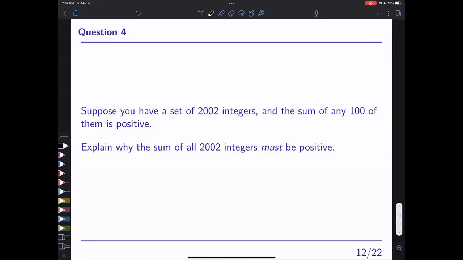I'm seeing some ideas. I'm going to give a little hint here.